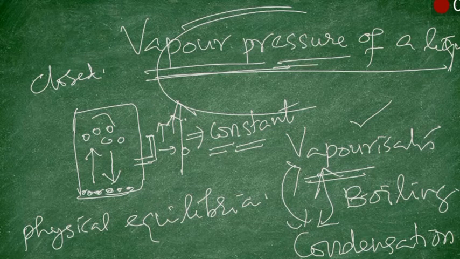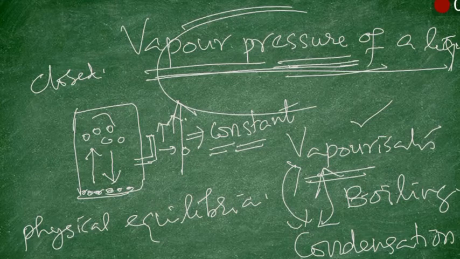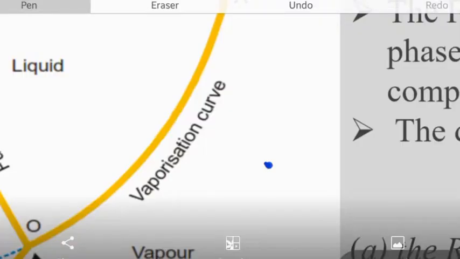Vapor pressure is the pressure exerted by a liquid at a certain temperature when it is taken in a closed vessel. You can have kerosene, water, any oil, petrol. For all of them, at a particular temperature, the pressure due to the vapors, that is the vapor pressure, will be constant.